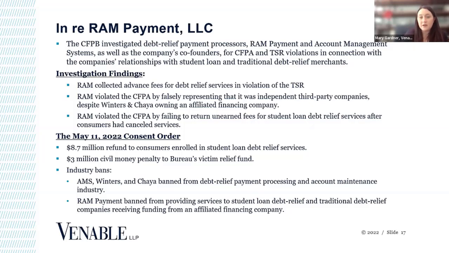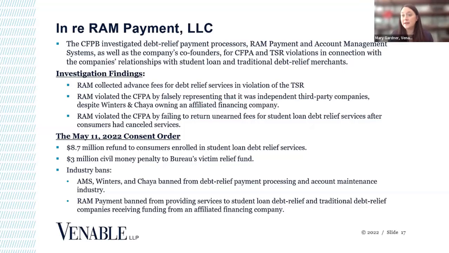On May 11th, the parties entered into a consent order, and pursuant to that order, RAM agreed to pay an $8.7 million refund to consumers who were enrolled in student loan debt relief services. And that $8.7 million, the CFPB calculated by saying it's the amount of the unrefunded fees charged and any unrefunded fee payments for the student loan debt relief services.